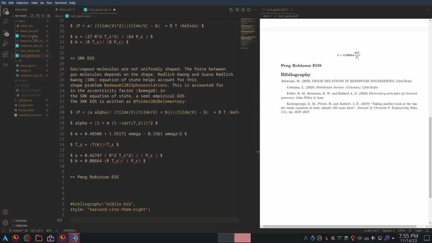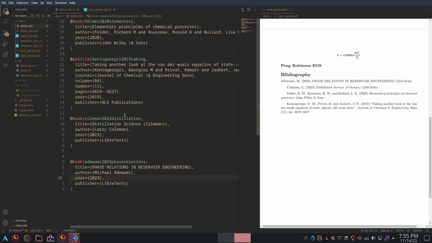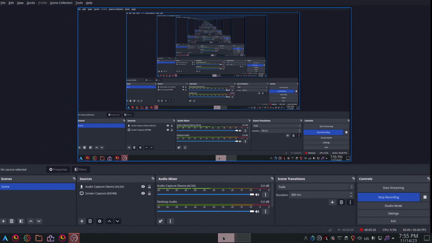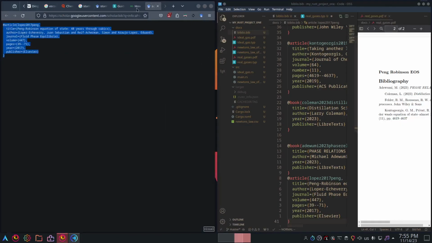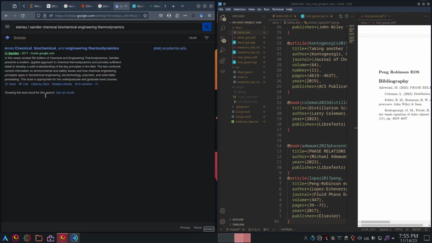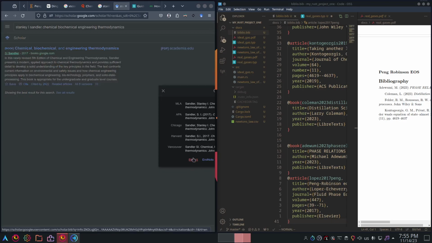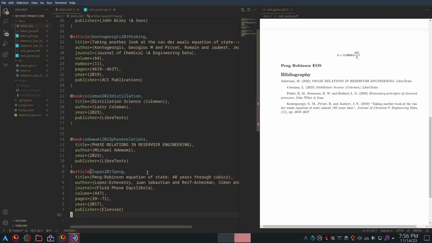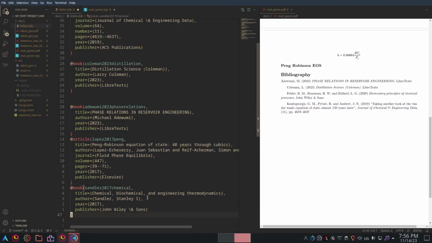Let me also put my bibliography here. So Peng-Robinson equation of state. I'll of course get the other bibliography here. Cite this BibTeX. Yeah, there you go. Sandler, Chemical Thermodynamics.